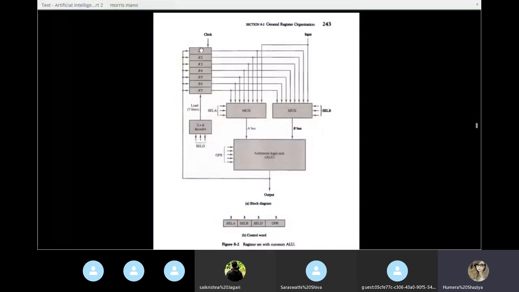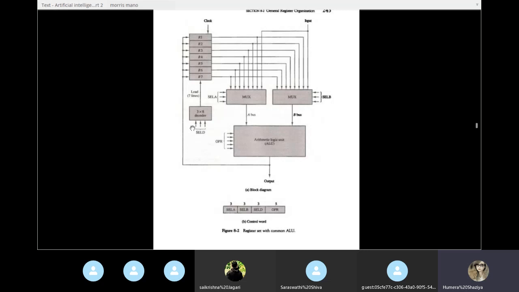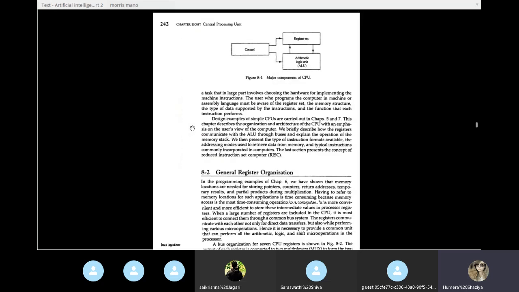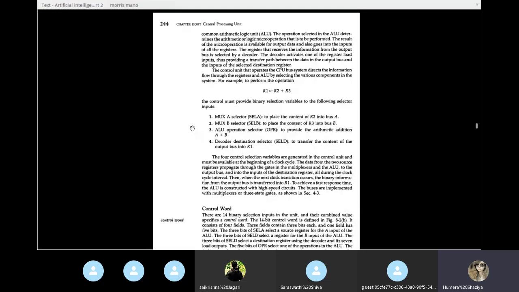So R1 equal to, from here R2, from here R3, both plus, the result goes to R1. And how is it decided that the result has to go to R1? Because of this decoder cell D. Okay, I hope that it is clear to you.